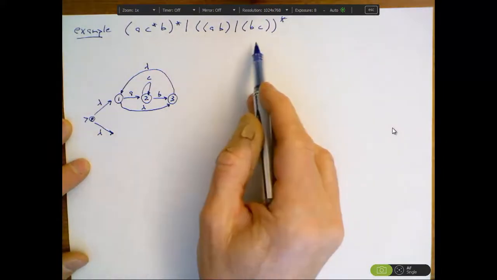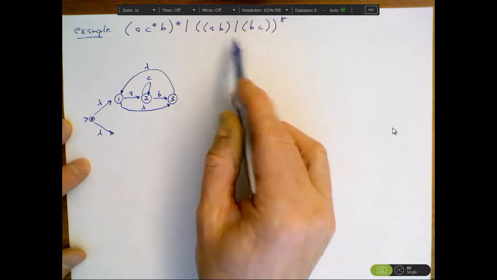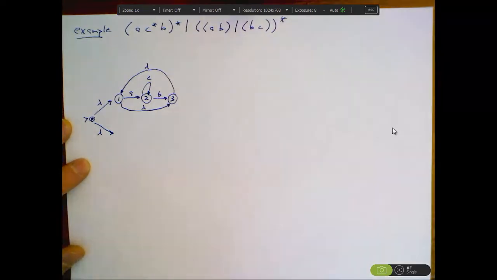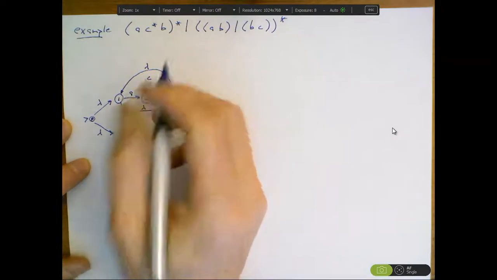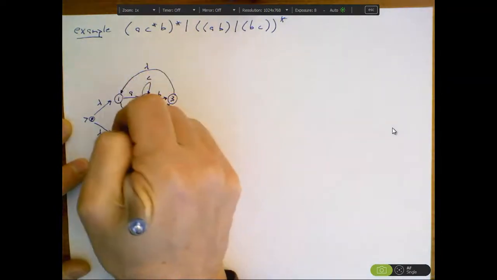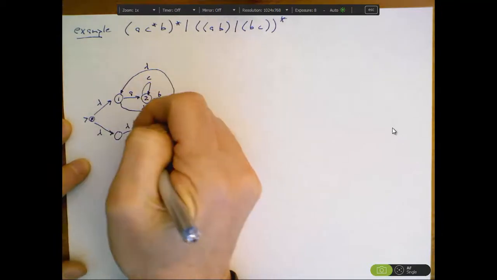Now again, I've got an alternation on the inside and then these two subcomponents, if you will. So again, I'm going to come down here, have a state here with 2 lambda arcs, again modeling alternation.